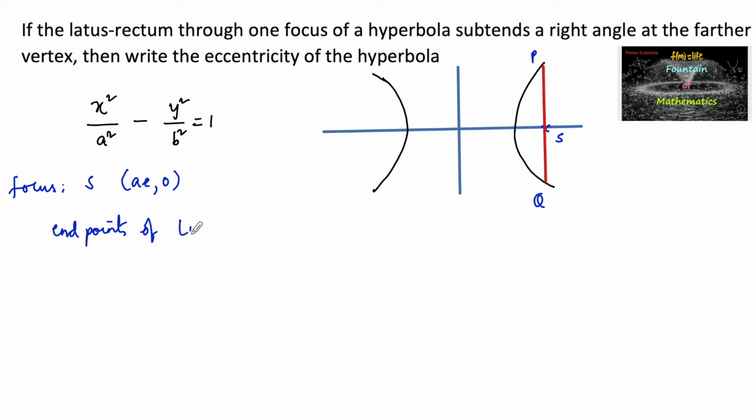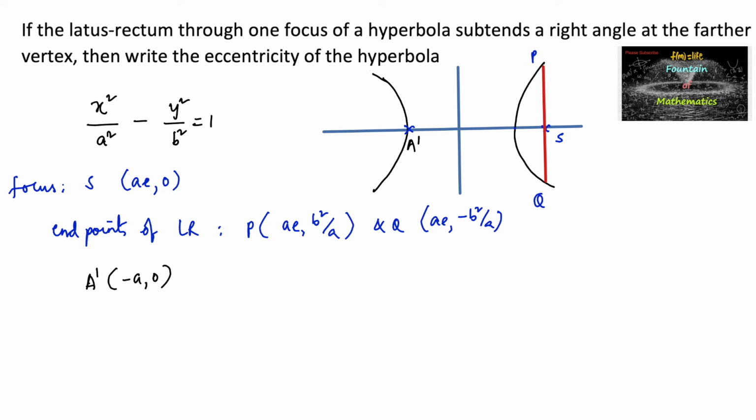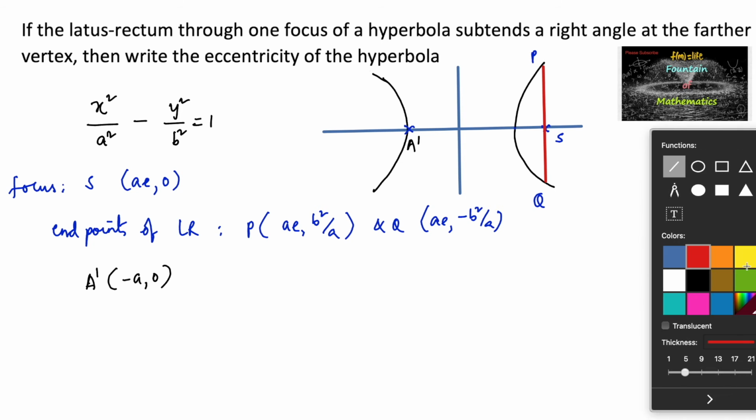Endpoints of the latus rectum are given by P(ae, b²/a) and Q(ae, −b²/a), and it subtends a right angle at the farther vertex. The farther vertex will be A', so vertex A' is taken as (−a, 0).